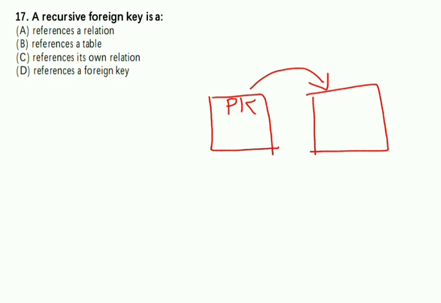If the given foreign key is referencing itself, if the table is referencing itself, then it is called a self-referencing or recursive foreign key. So option C is the correct one. It references its own relation.